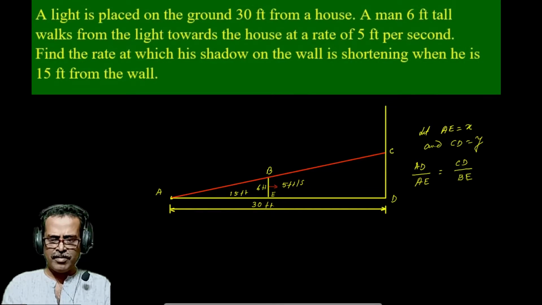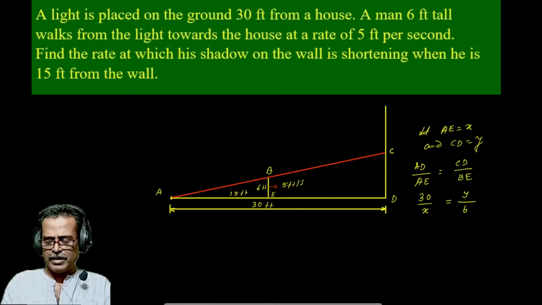Now AD is equal to 30, AE is equal to X, CD is equal to Y, and BE is equal to 6 feet. We have to find dy/dt.